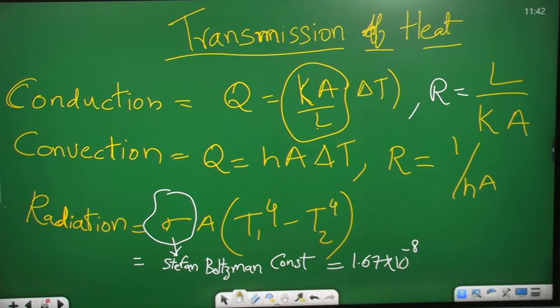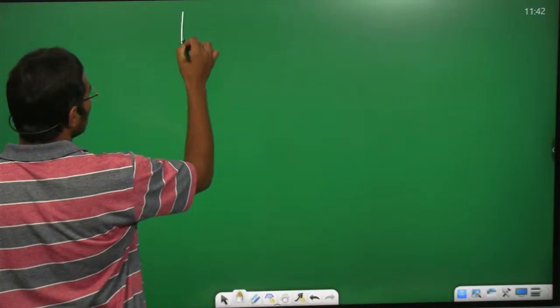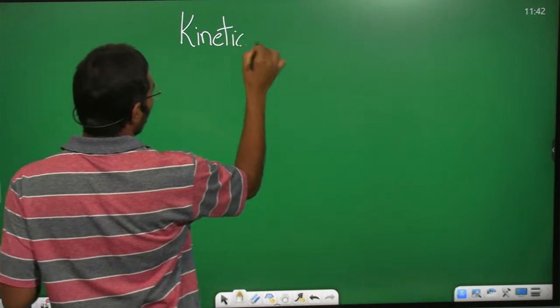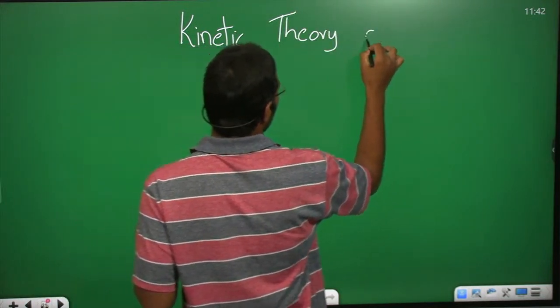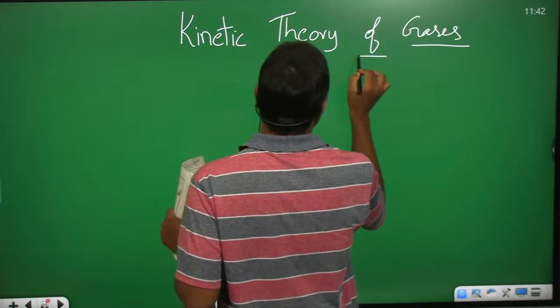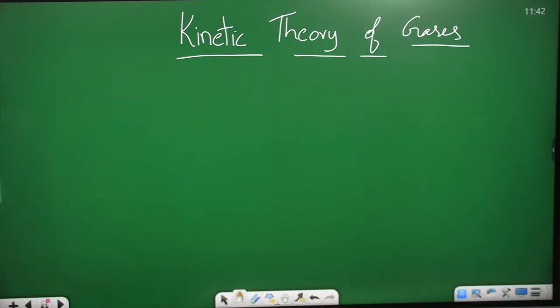So people are asking about degrees of freedom and the kinetic theory of gases. Okay, let's try to do that. Actually, we have covered it partially. So what all do we have here?